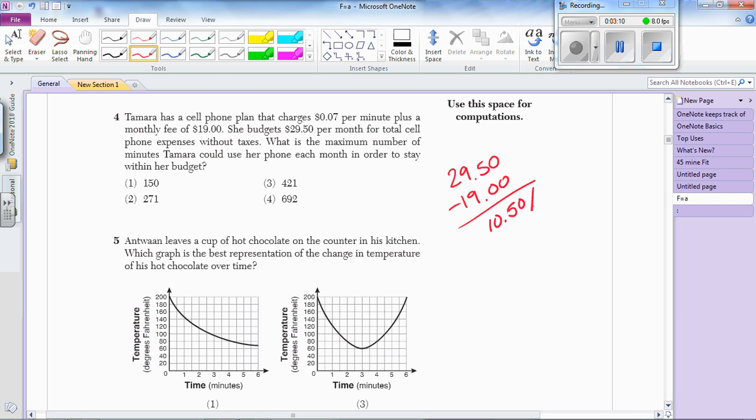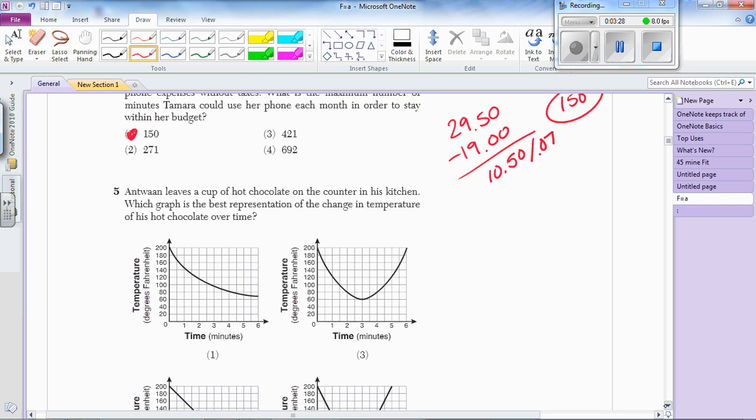Then she has to pay 7 cents per minute, so we'll divide by 7. And let's see, 7 goes into 105 15 times, so this must be 150. If I did that wrong, I apologize, but I'm pretty sure that's right.